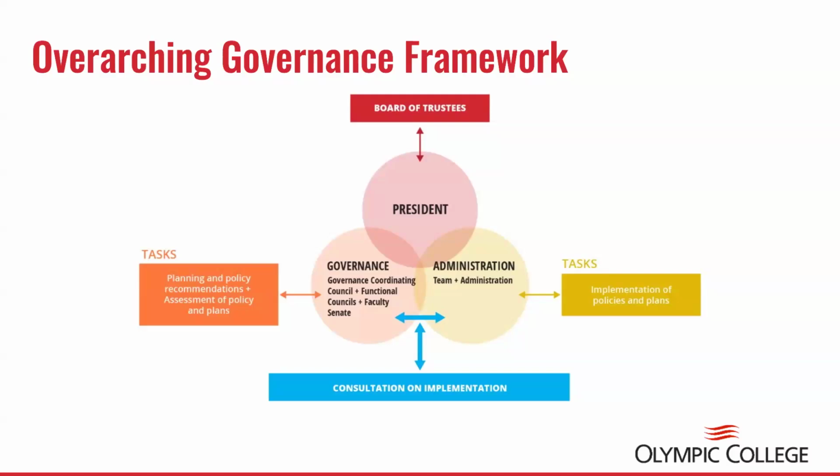That all is something that can go through to shared governance, so everyone has a voice. Then the implementation of that, that's administration. So that's not something that our councils have anything to do with. And then, of course, the consultation on that implementation is something that can be discussed. And our administrators can bring those to councils and get feedback.